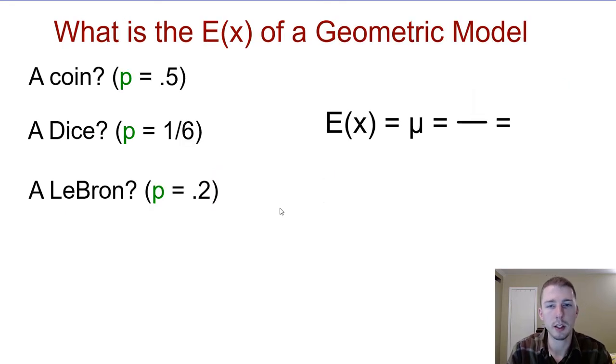So what is the expected value of a geometric model, or like the average? Basically, how long would we expect to have to wait before our first success, which is actually kind of a cool question. Like with our game we played with the dice, or we'll do the coin example first.